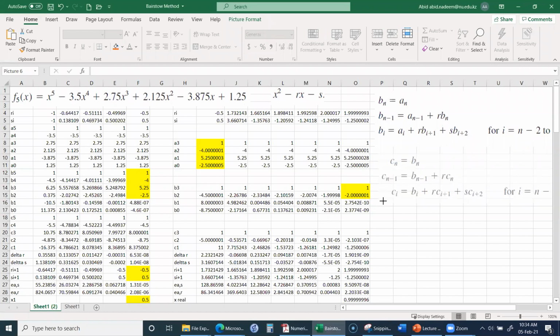So if you have these formulas written down in front of you, then it becomes much easier.